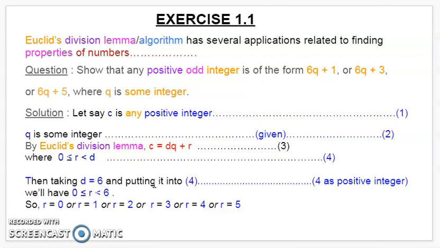Then taking d equals 6 and putting it into the equation. Keep remembering why we are taking d equals 6: because in the lemma, 6 is the divisor. So d as a divisor, we are taking 6. So we'll have the values for the remainder. The remainder will be greater than or equal to 0 and smaller than 6.